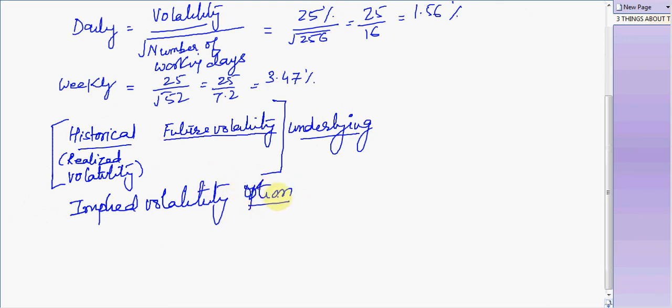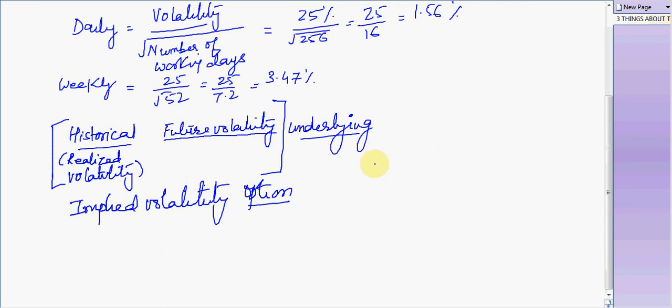So how do we get this implied volatility? We check what the price of an option is, and then we reverse engineer the theoretical pricing model to find out what the volatility should be to get that market price of the option.